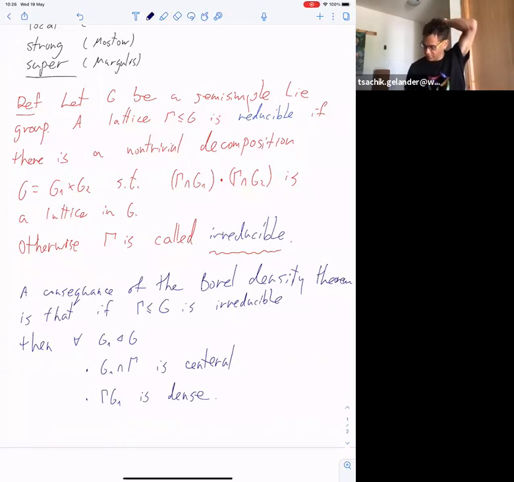And this is actually equivalent to being irreducible. So a lattice is irreducible if and only if the intersection with every proper factor is trivial or central, and if and only if the projection is dense.